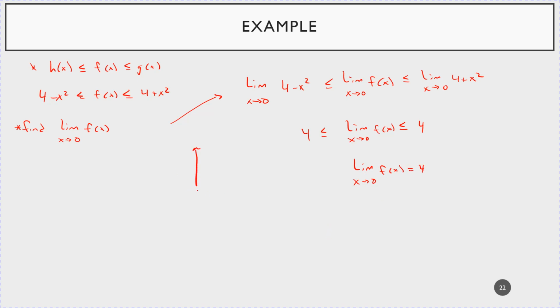And look, you can see it if you look at the graph of this. This is what 4 minus x squared looks like. This is h of x. G of x is 4 plus x squared, so it looks like this.